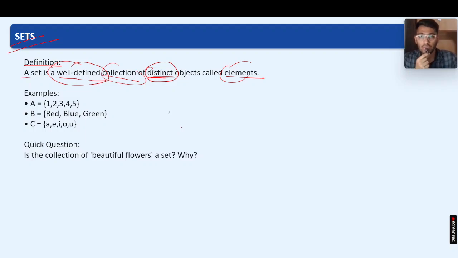There is a set given here, A is equal to, and first the notation.